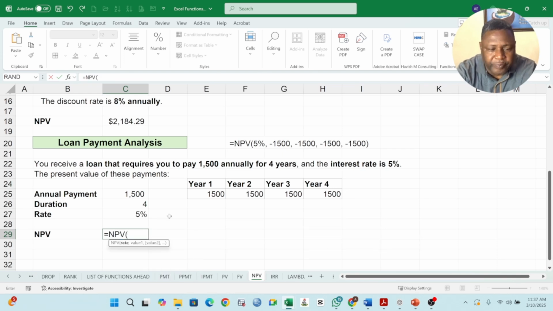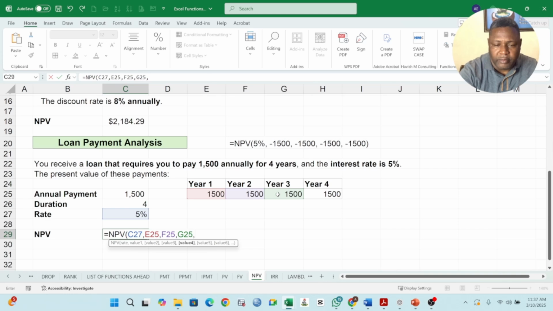You pick your rate. That's the first thing. You provide your rate, and then you provide these values. So you want to pick the first year value, the second year value, the third year value, and the fourth year value.